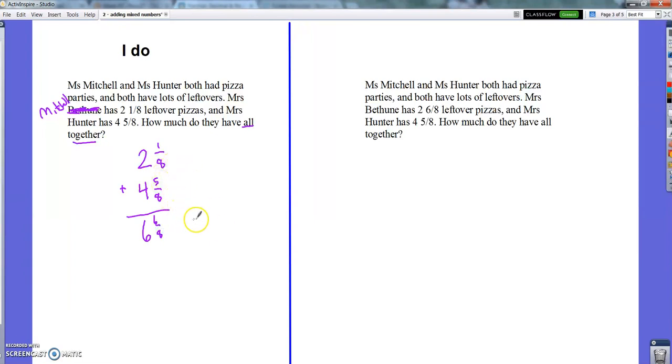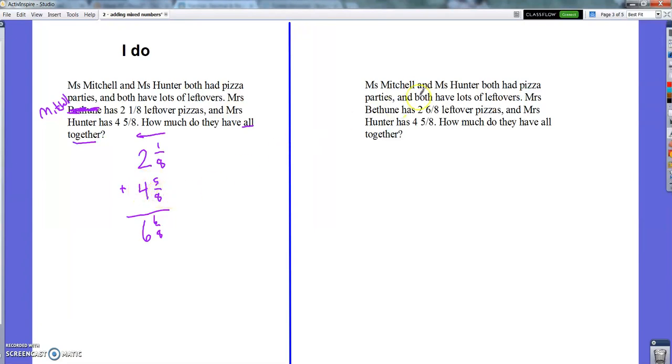And if you want to add, just like you would add whole numbers, going from right to left, I can add my fractions: 1/8 plus 5/8 is 6/8, and add my whole numbers: 2 and 4 is 6. That's really what I did on the bars too, right? I put the 5/8 and the 1/8 together, got 6/8, put the wholes together and got 6. So you can add it with arithmetic like this, or you can visually draw it.